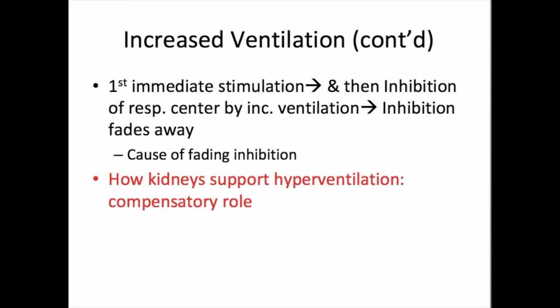Now, there is a twist of inhibition of respiratory center by increased ventilation. Actually, the immediate increase in ventilation blows off large quantities of carbon dioxide, reducing the partial pressure of carbon dioxide and increasing the pH of body fluids.